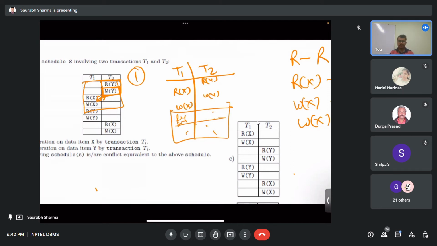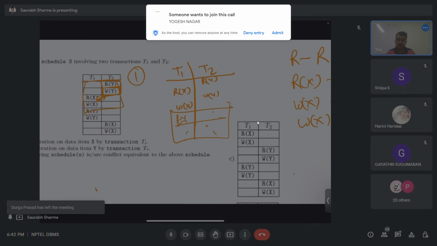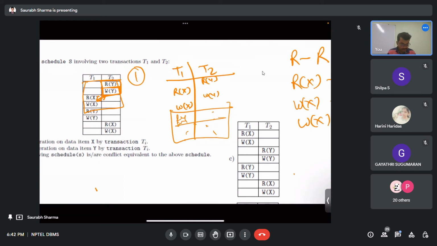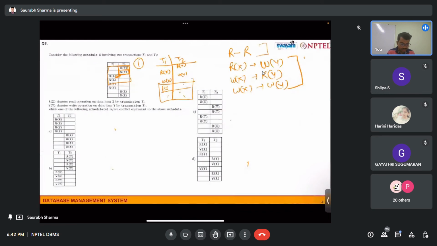There will be no problem executing in this way. That will be equivalent because these operations are mutually exclusive to each other. These are happening on different data. Now, is there any option which is having this kind of sequence?